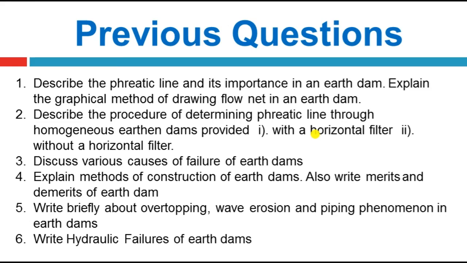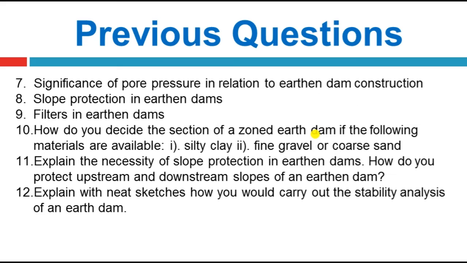Write briefly about overtopping, wave erosion, and piping phenomena in earthen dam. Write hydraulic failures of earthen dam. Significance of pore pressure in relation to earthen dam construction. Slope protection in earthen dam. Filter in earthen dam. How do you decide the section of a zoned earthen dam in the following materials?